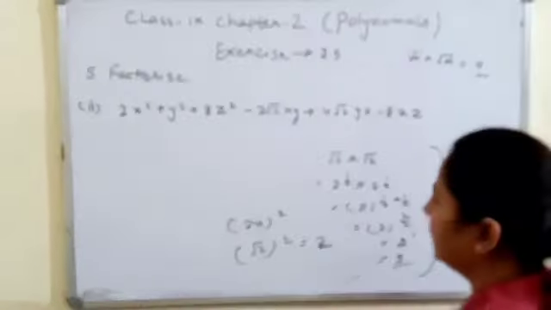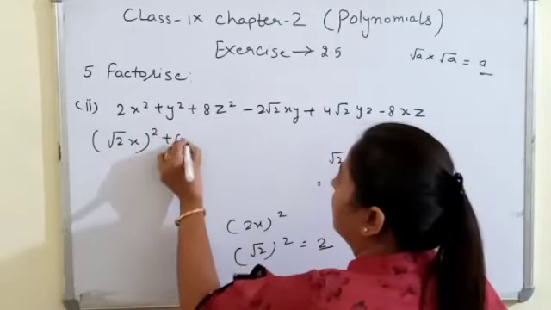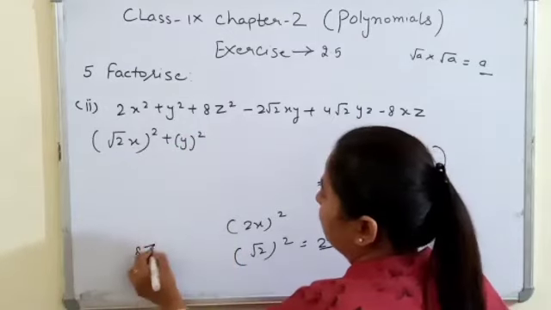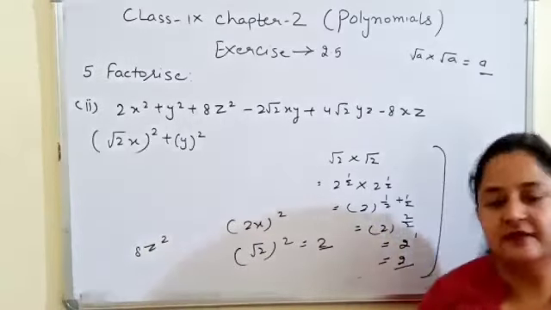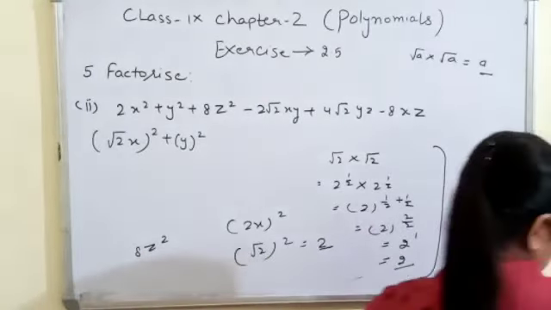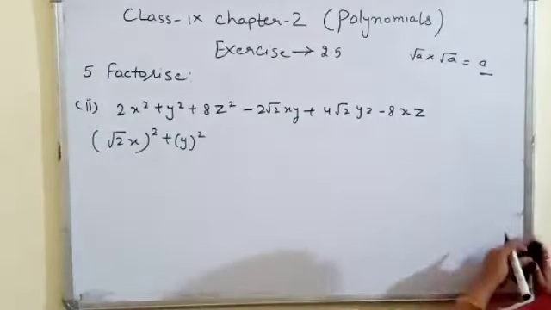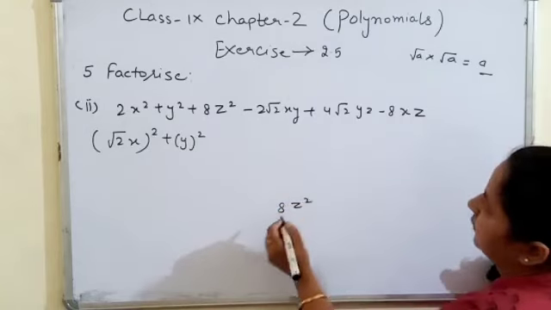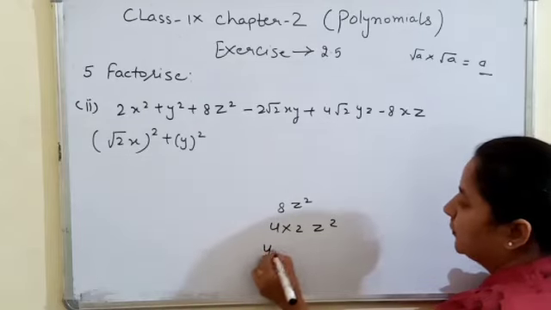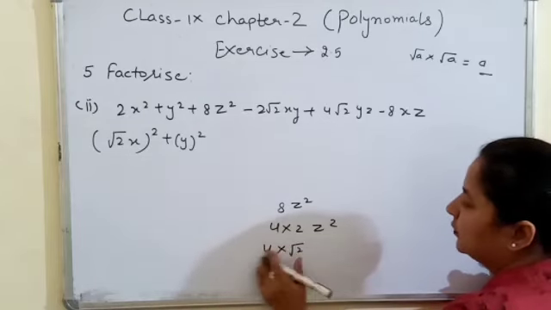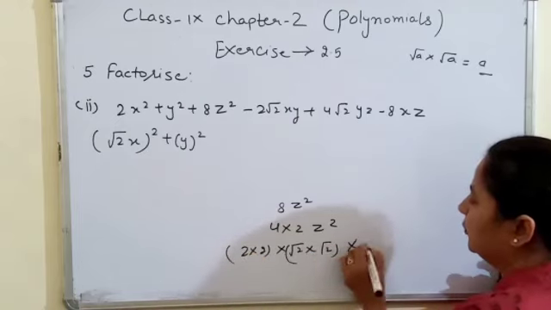So 2x square we can write as under root 2 x whole square. Now 8z square: how can we factorize 8 so that it becomes a perfect square? 8z square is 4 into 2 z square. 4 we can write as 2 into 2, and 2 is under root 2 into under root 2.